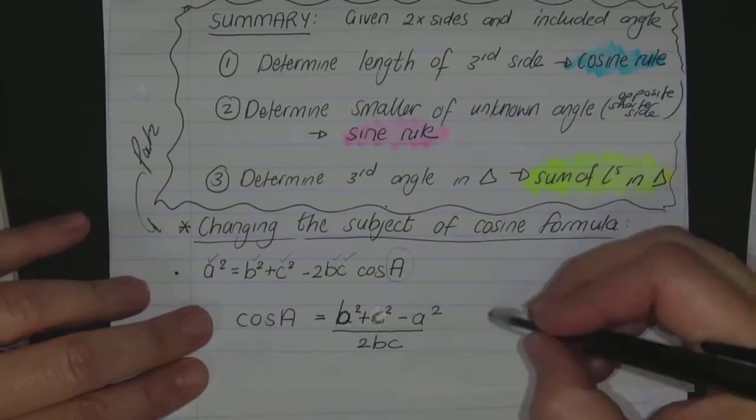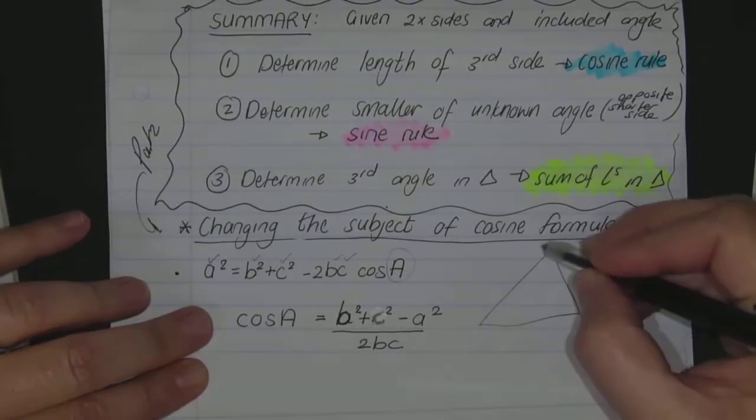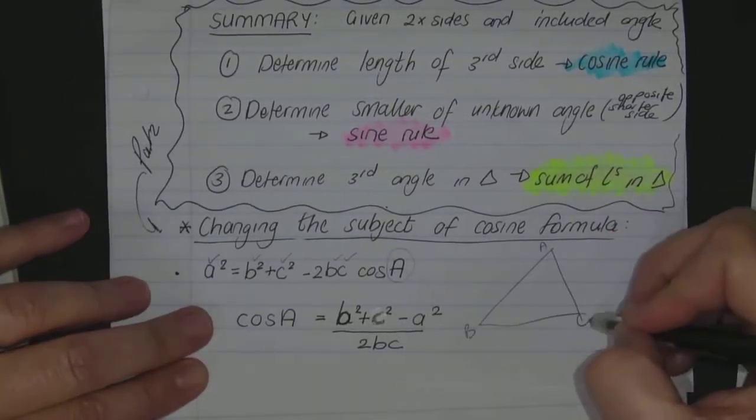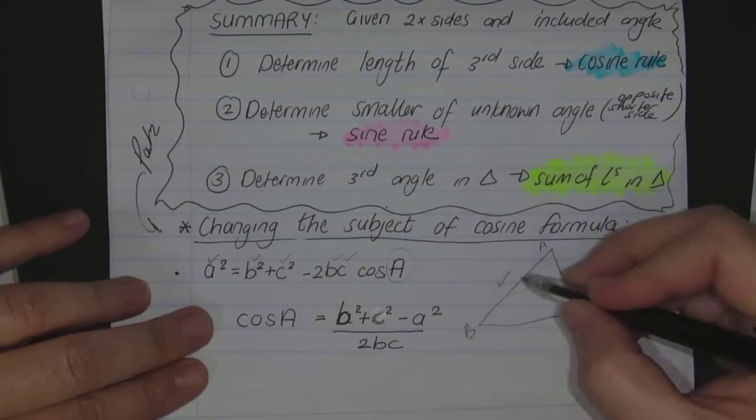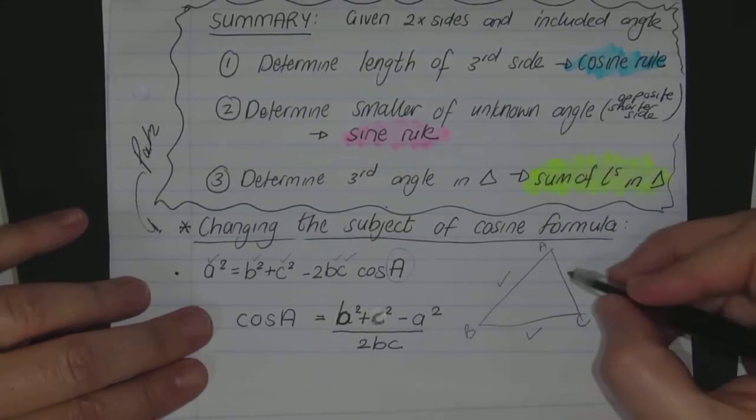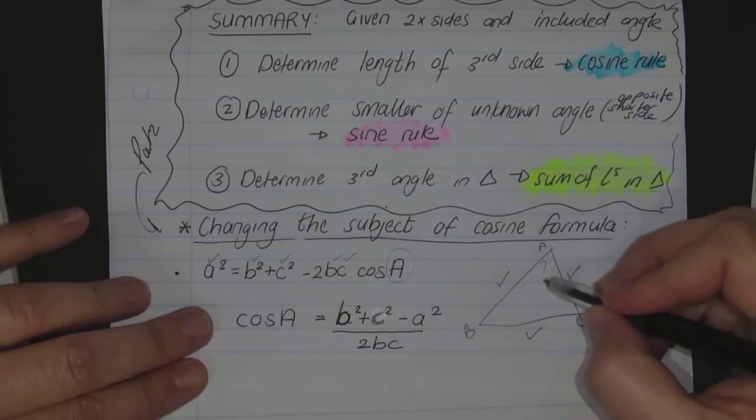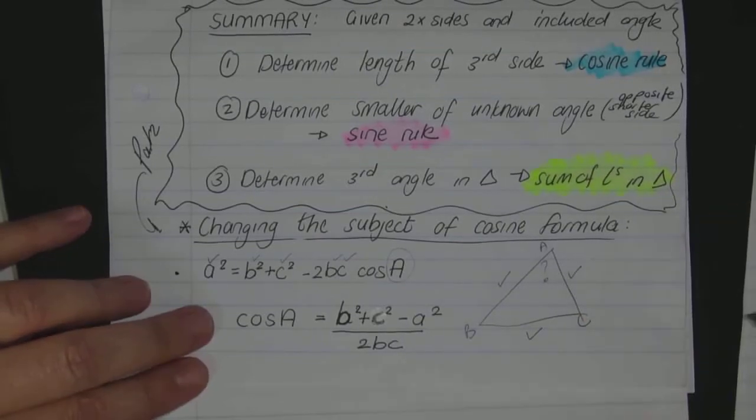So what am I giving you? If I have triangle ABC, I'm going to give you a length for A, a length for B, and a length for C, and I'm going to ask you for the size of the angle.